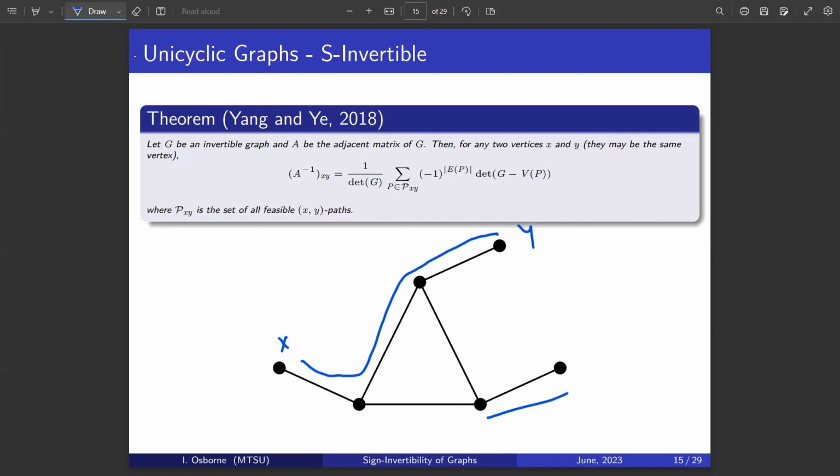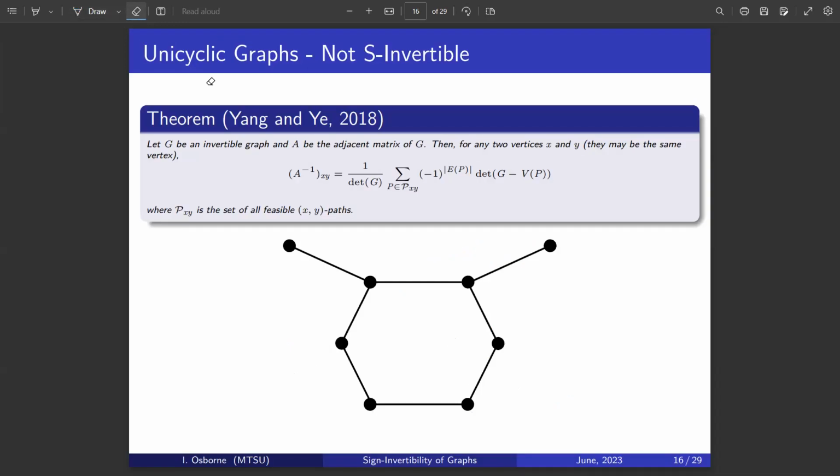And then you leave this by itself. If you try to come this other way, you would isolate this one vertex, and you'd have determinant of 0. So with three pegs or more, there's only one feasible path between each set of pegs. But with two pegs, then you have the potential for two feasible paths. And it turns out that gets tricky.